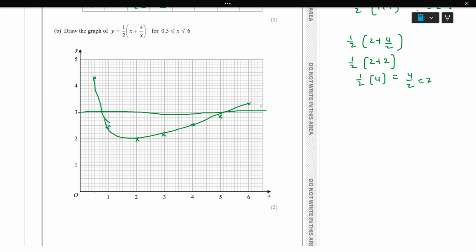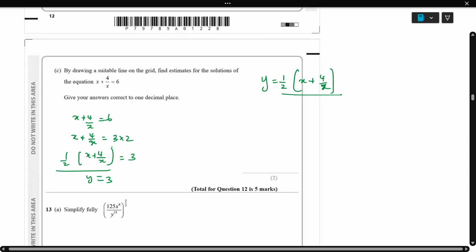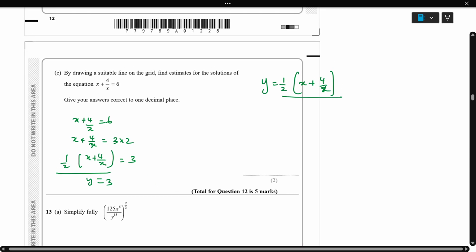So now, how many times the line intersects the graph, those are the solutions. So the first intersection is approximately here. So I can write it as 0.8. So one solution is going to be 0.8.